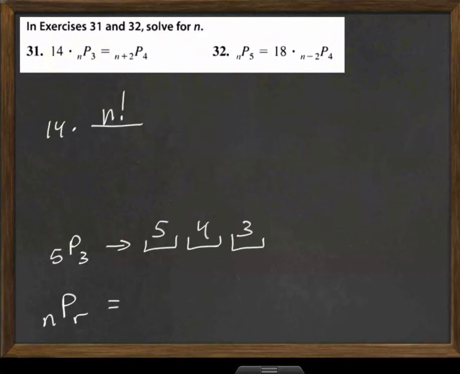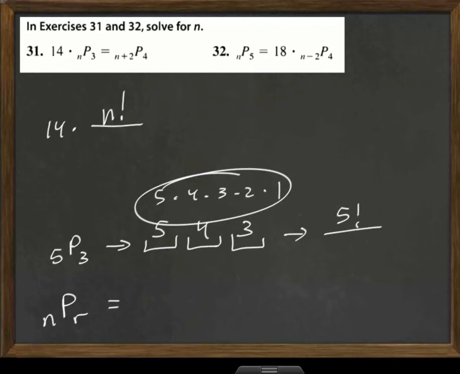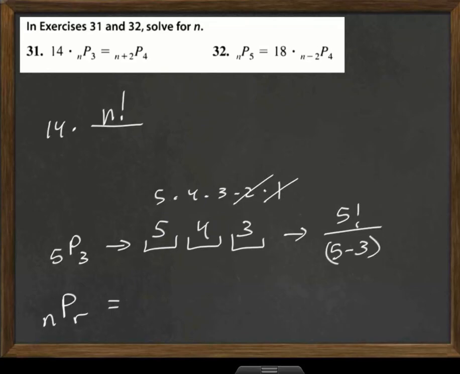If I were to write this with the formula, it would be 5 factorial, 5 times 4 times 3 times 2 times 1, but we have to cut off the 1 and the 2. So we go 5 minus 3, because 3 is how many spots you're choosing. And what you would get is 5 factorial over 2 factorial, and the 2 factorial would cancel out the other. So it would be n factorial over n minus r factorial.